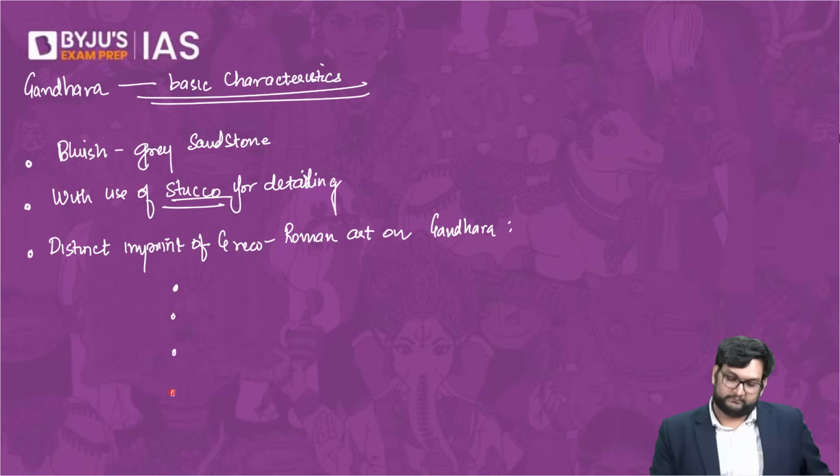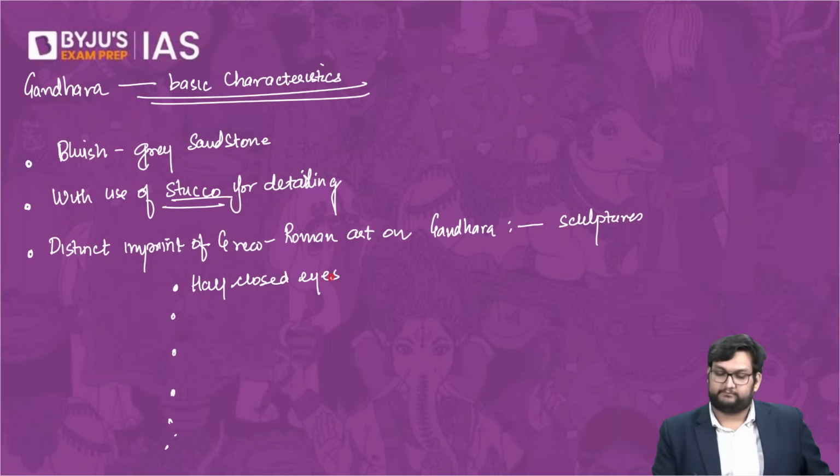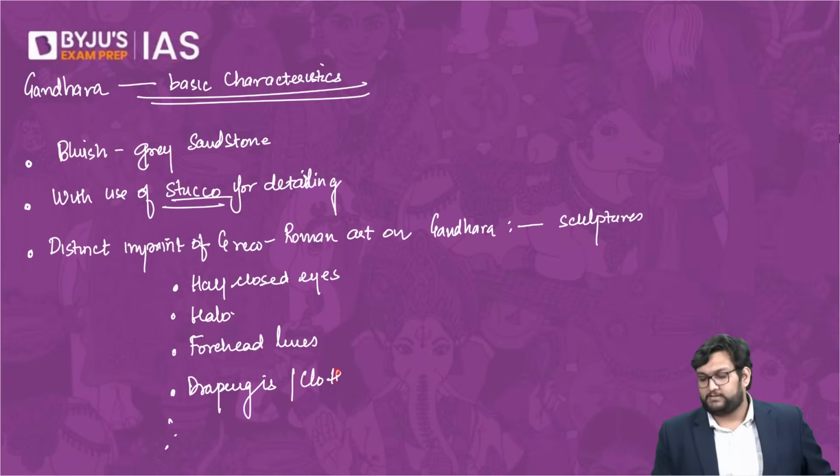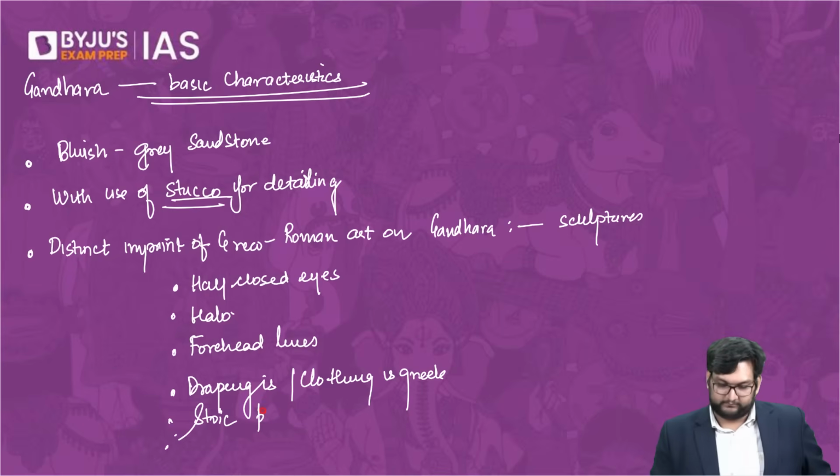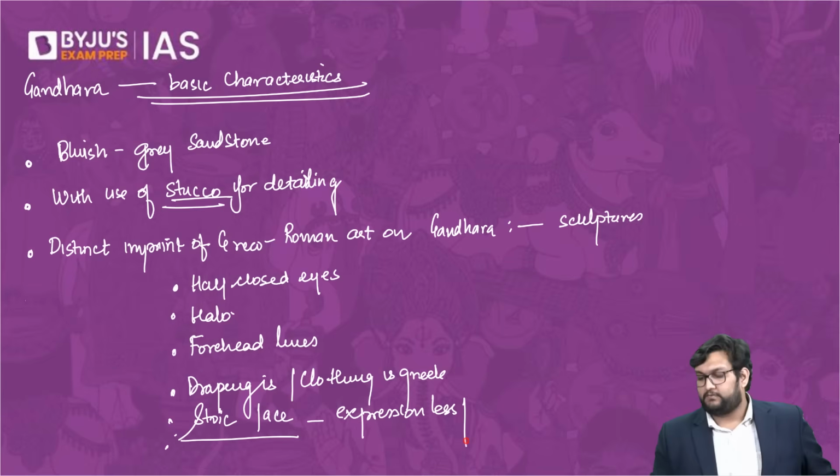That being, in these sculptures, we see half closed eyes, halo, forehead lines, draping or clothing is Greek, stoic or expressionless face, and elongated ears and curly hair.